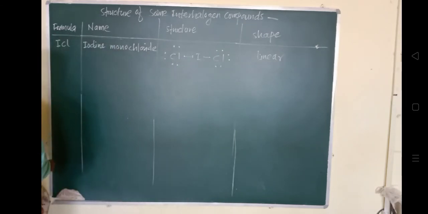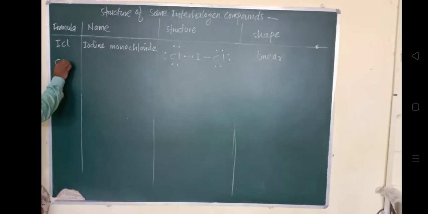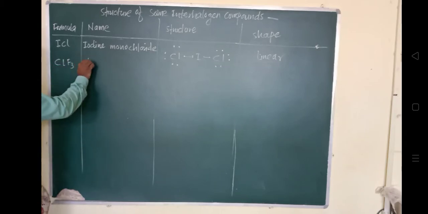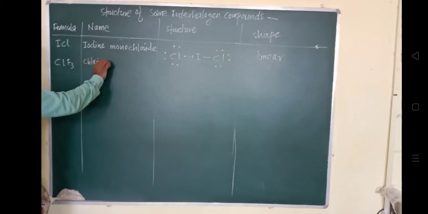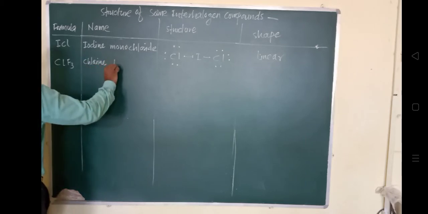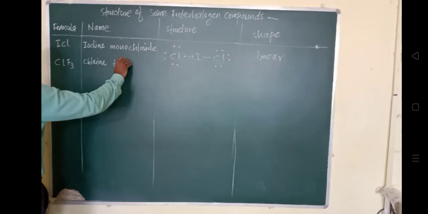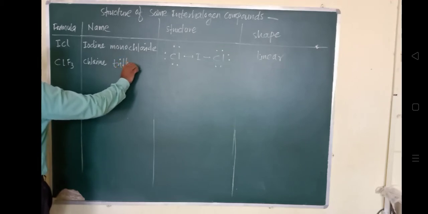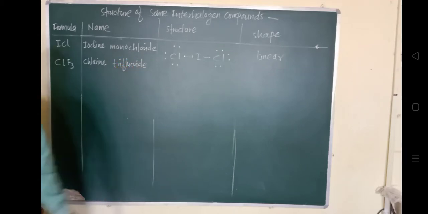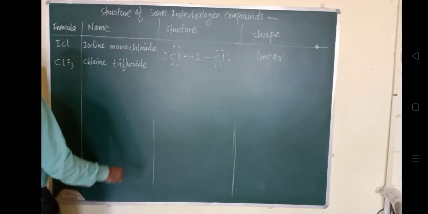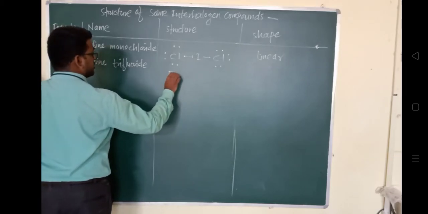Its structure is: एक फ्लोरीन यहाँ पे, एक क्लोरीन यहाँ पे, then एक फ्लोरीन यहाँ पे, because ClF3, and एक दूसरा यहाँ पे फ्लोरीन. So the angle between them is around 89 degrees bond angle. So the structure is bent T-shaped. आप देखोगे इसका जो स्ट्रक्चर है, T-shaped स्ट्रक्चर है.